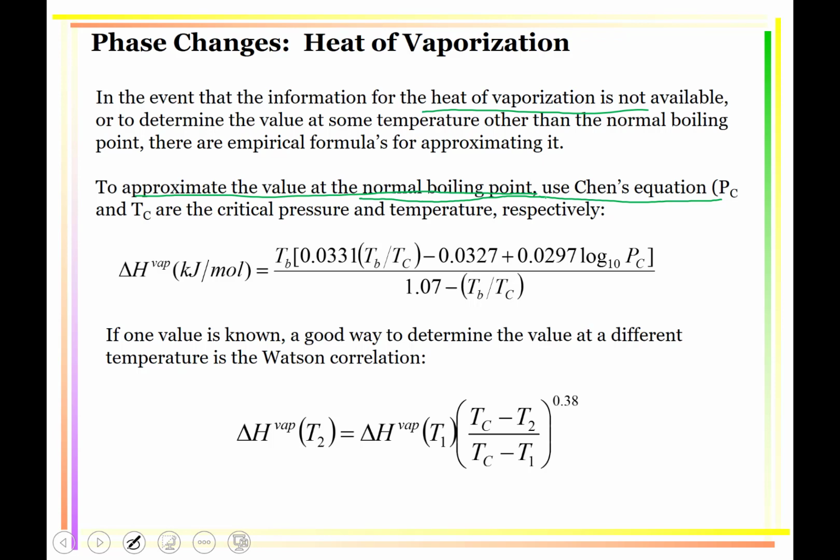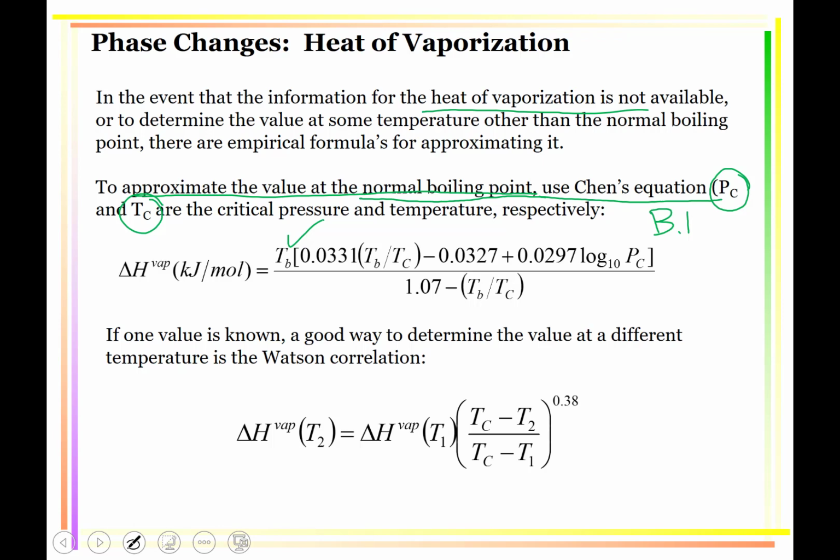So you have to look up the critical pressure and the critical temperature, and where do you find those? Table B.1. TB is the known normal boiling point, and then you have to make those ratios of TB over TC.